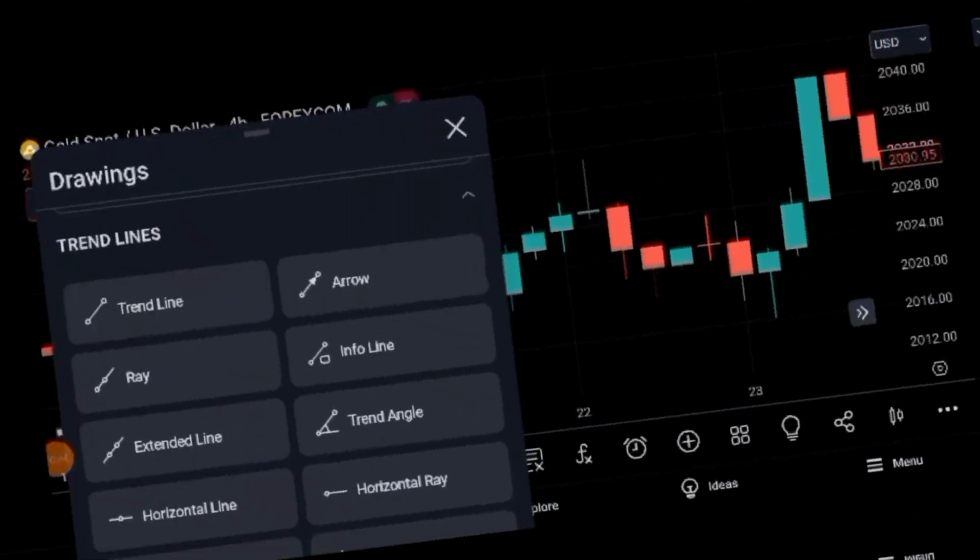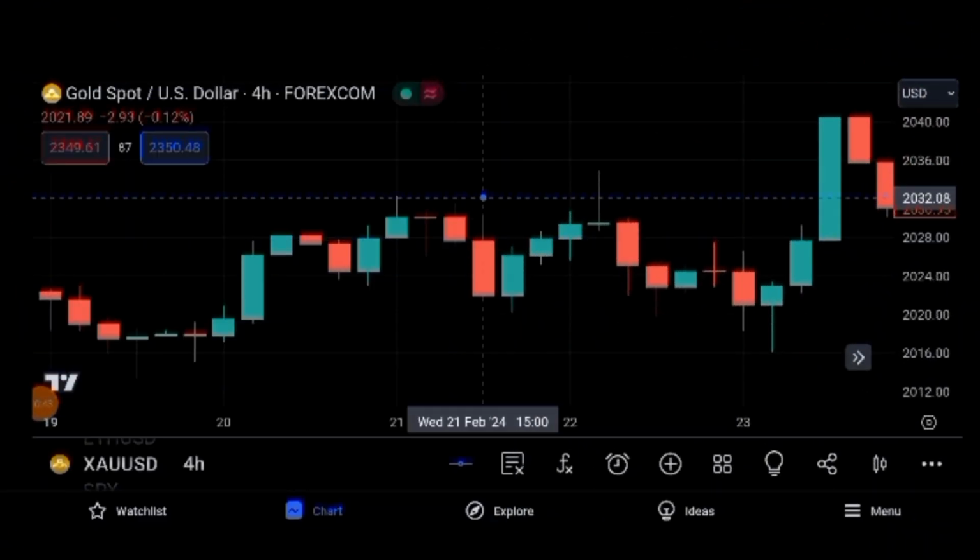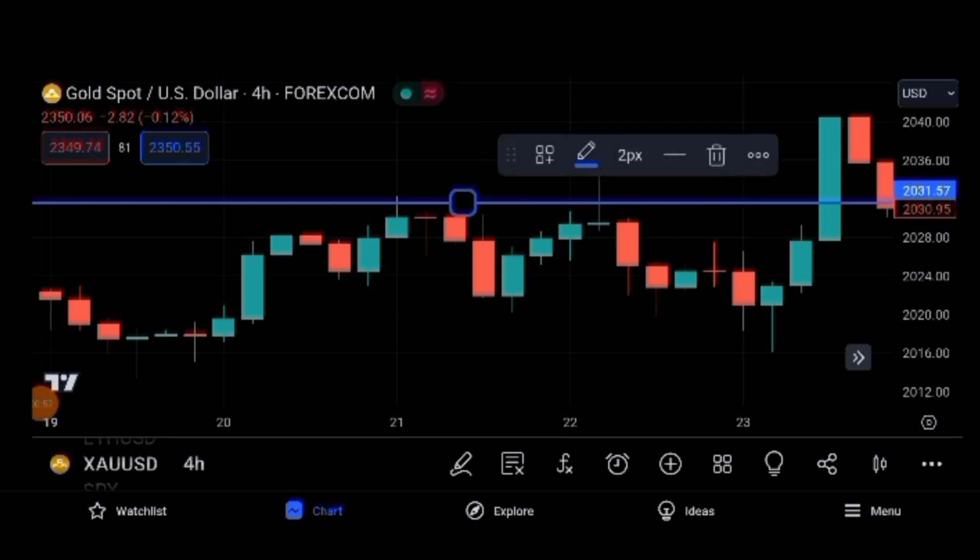Another, the third market trend, is a ranging pattern, a ranging trend. In this market structure, the price bounces between two zones, the resistance zone and the support zone. So you can see that price moves in a sideways motion.